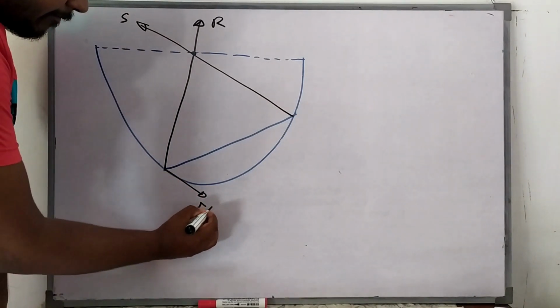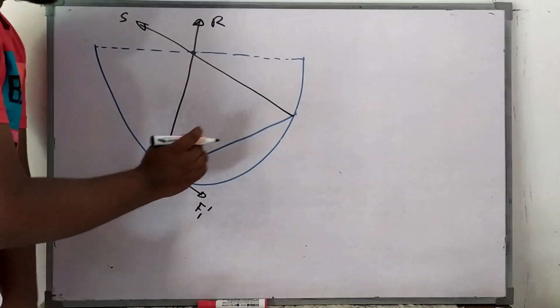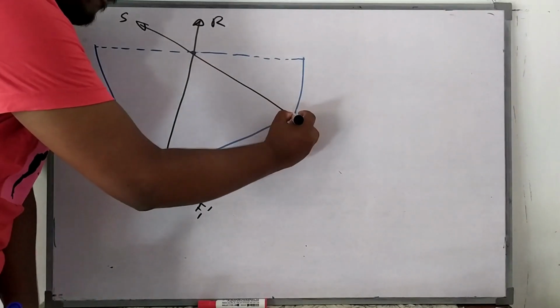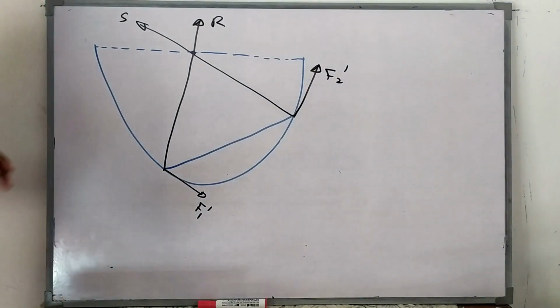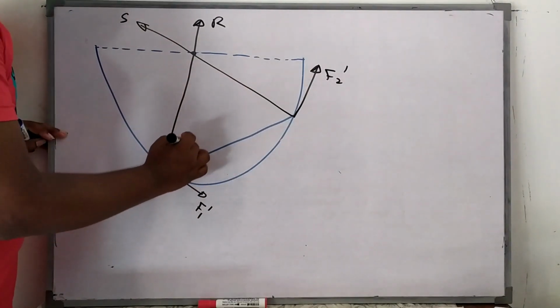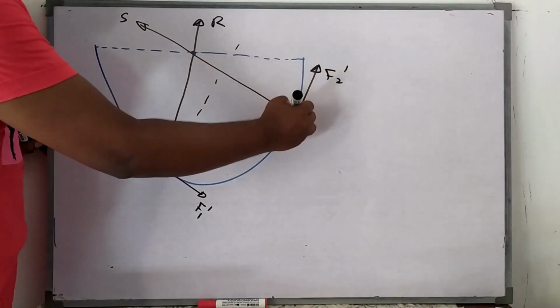This friction value is F1 dash, because the rod is trying to move down. Here it's F2 dash upward, because the rod is trying to move down. So the friction is always opposite.